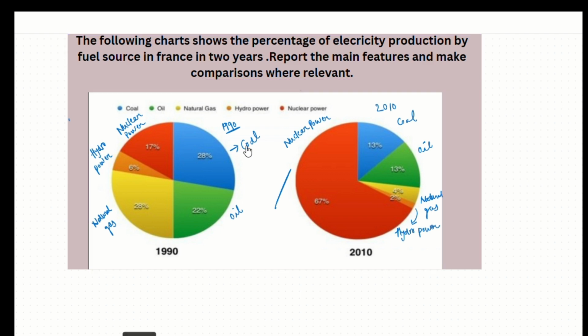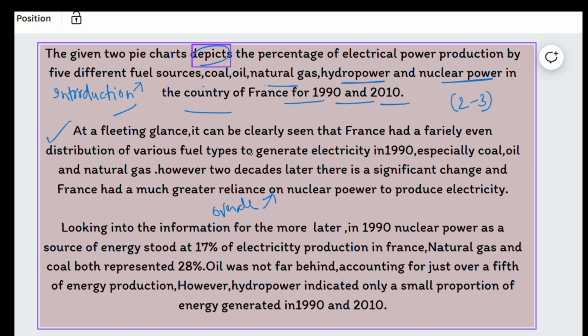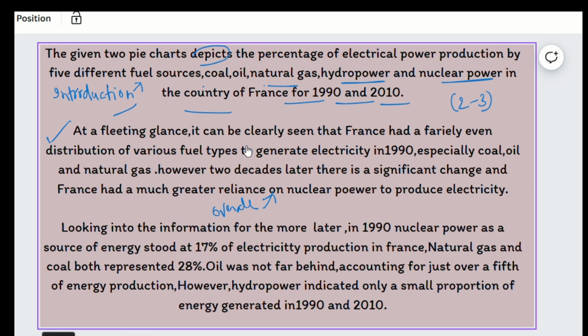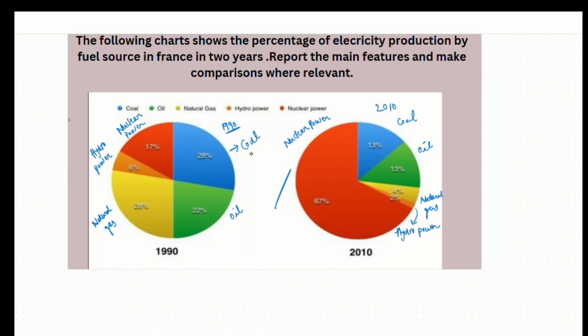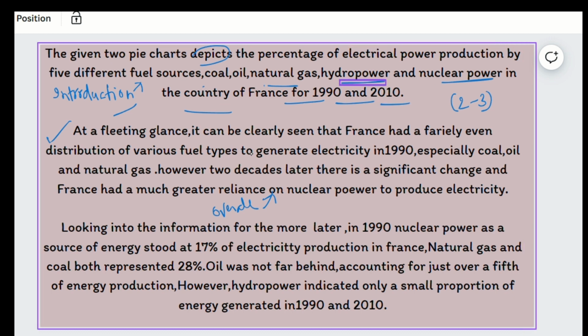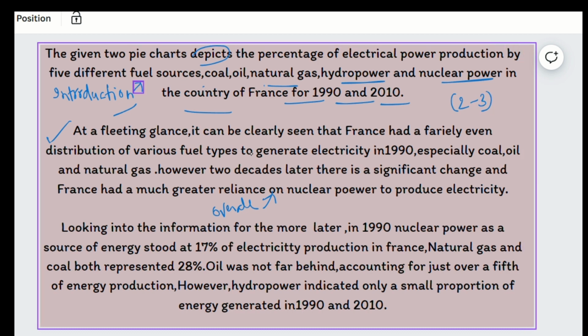You will change a little bit of information. You change 'shows' to 'depicts', and 'electricity production' to 'electrical power production', by 5 different fuel sources: coal, oil, natural gas, hydropower and nuclear power, in the country of France for 1990 and 2010. So in the first paragraph, you have to answer in 2 to 3 lines. You just have to change the given statement with the use of synonyms.